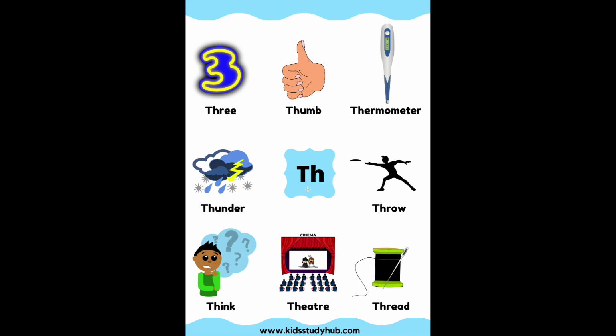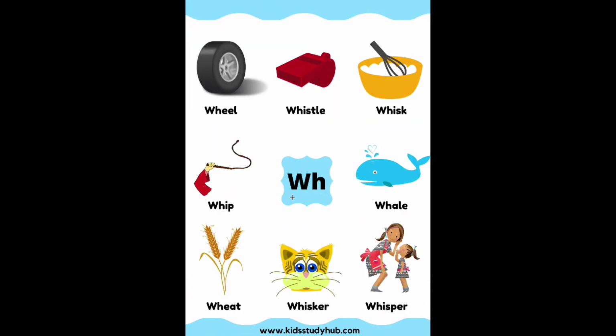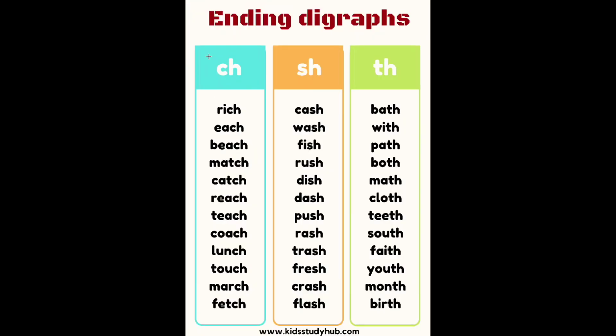Th, that is the voiceless sound: tree, thumb, thermometer, thunder, throw, think, theater, thread. Wh: wheel, whistle, whisk, whip, whale, wheat, whisker, whisper. Okay, let's see the digraphs that come at the end of words.